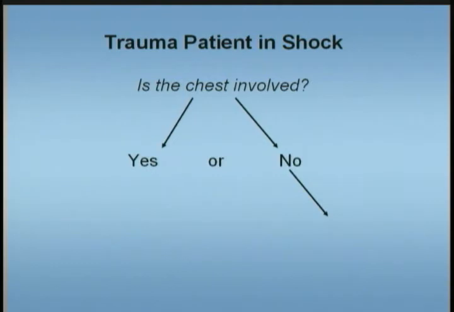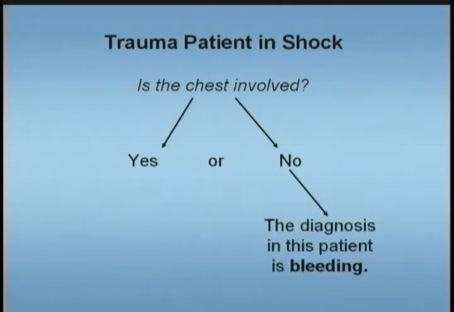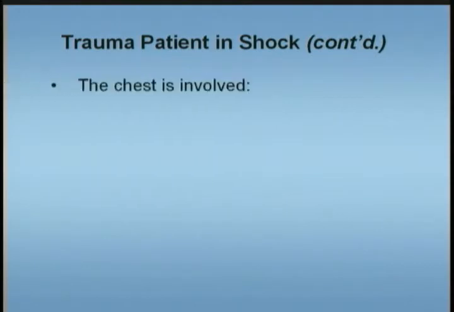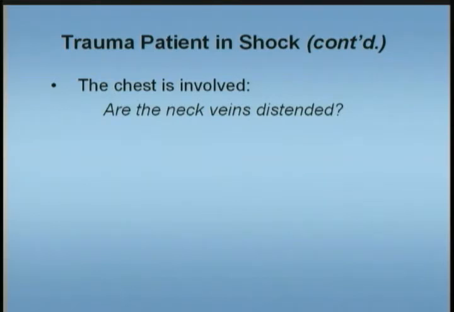Well, if the vignette indicates that the chest is not involved, that's the end of your differential diagnosis, because the diagnosis then has to be the patient is bleeding. But on the other hand, if the chest is involved, you now need to ask yourself another question. Are the neck veins distended or is the CVP high?